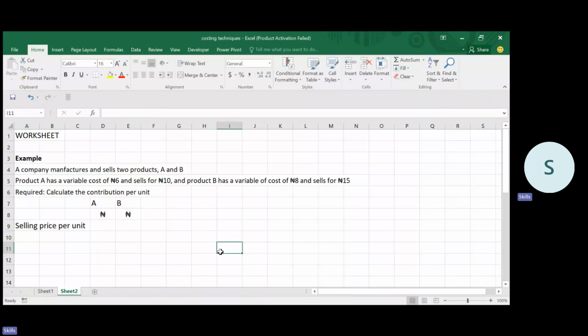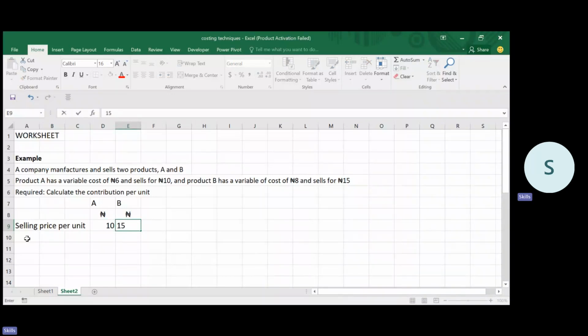For A, the sales price is 10 naira, and for B, the sales price is 15 naira.